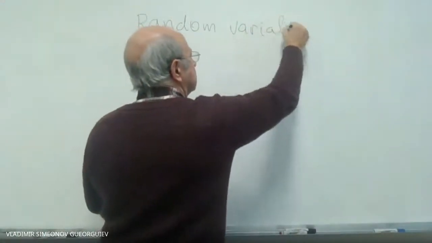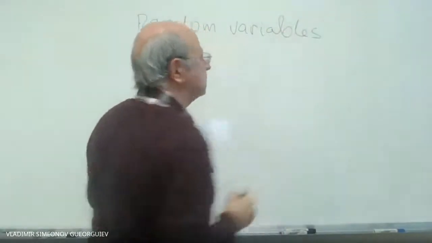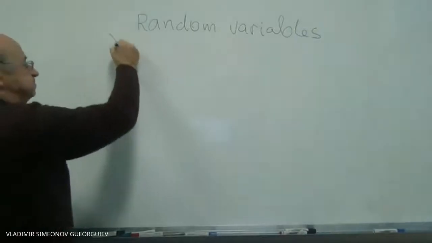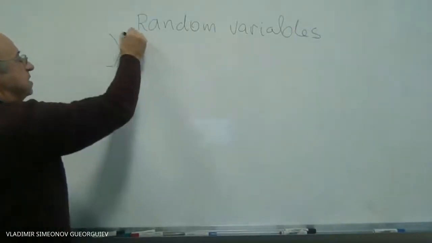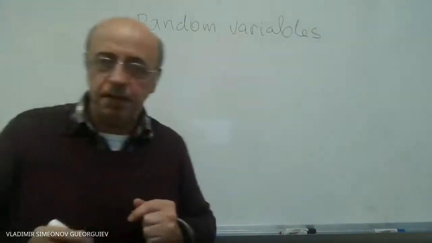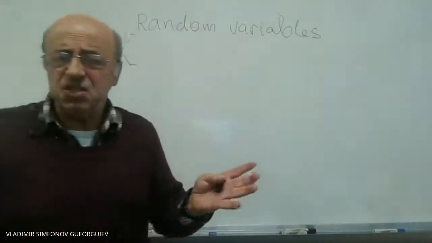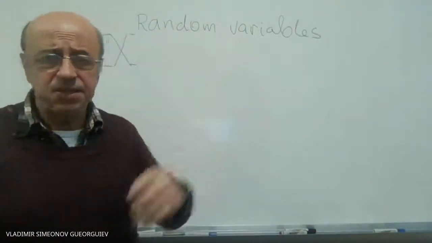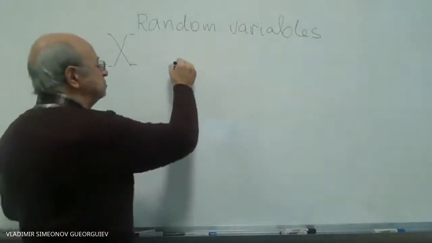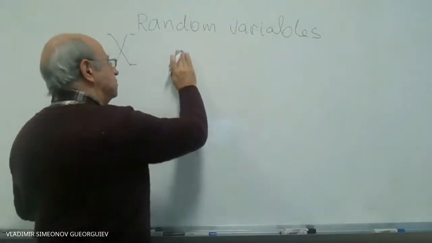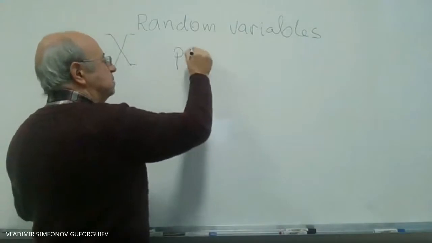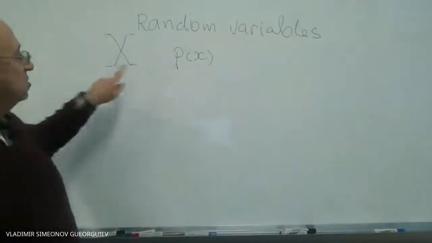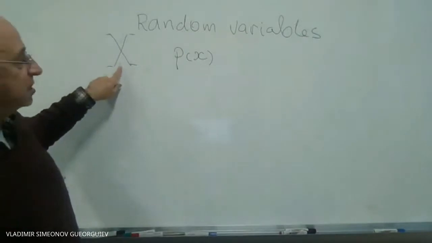Variables. When we denote with x one random variable, it was very simple. We always said that we have a density, a small function p depending on small x, so p of x. This shall be the random variable x.